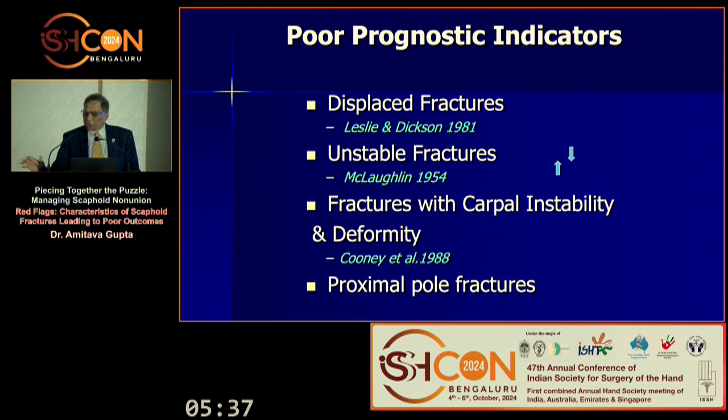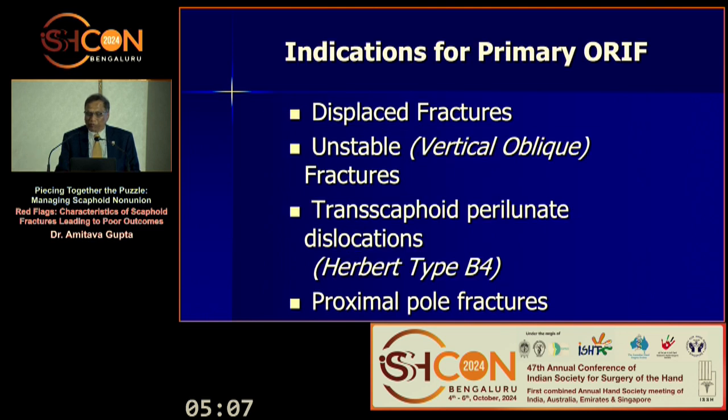Now, what are the poor prognostic indicators? Displaced, the literature shows this very clearly. Displaced fractures, unstable fractures, that means fractures which have different patterns, the vertical oblique fractures, and fractures with carpal instability and deformity, part of a perilunate injury pattern, and proximal pole fractures. Take it home. These are the 4 types of fractures with poor prognostic indicators: displaced fractures, unstable fractures, fractures with carpal instability and deformity, and proximal pole fractures.